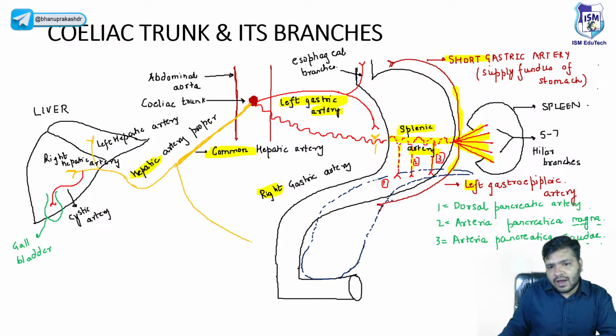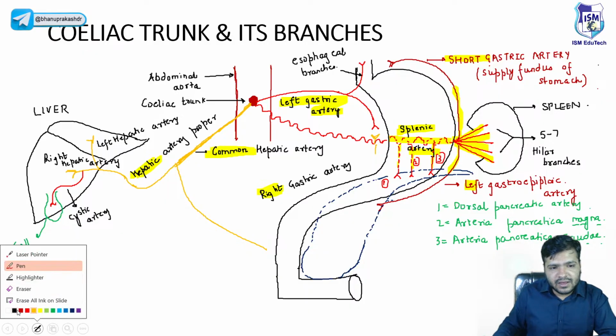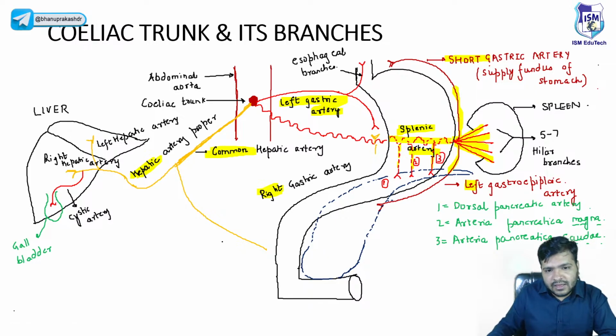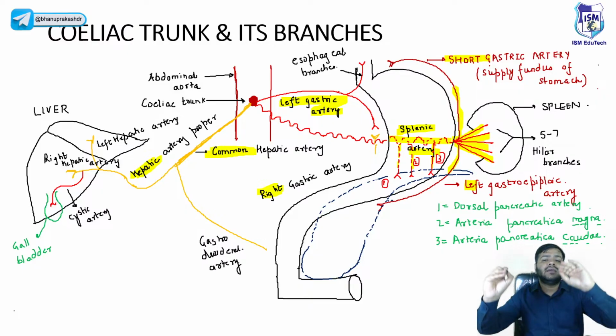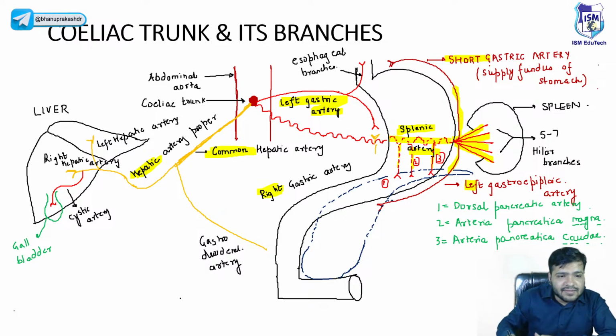One artery goes towards the duodenum, and this is called the gastroduodenal artery. I'll just draw it. Gastroduodenal artery.